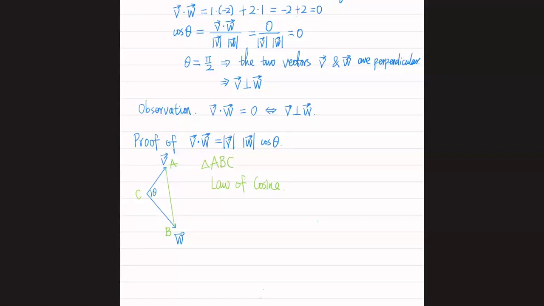Okay, so I'm going to write down the formula. There are different ways to say this. AB squared equals AC squared plus BC squared. If this is a right angle, then this will have this identity. For general angle, we have the correction term.